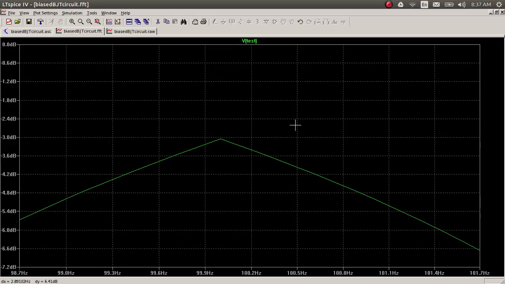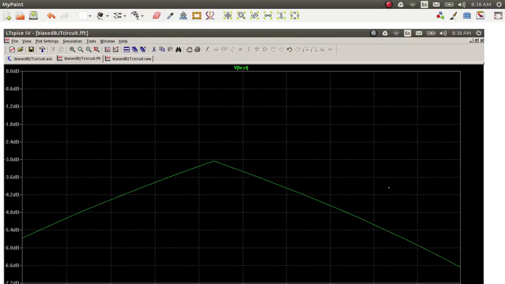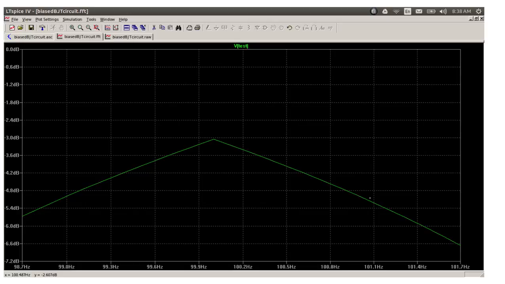So this should have been 0 dB. Let's see what we remember about dBs. One of the things we know is dB is 20 times log 10 of the signal.